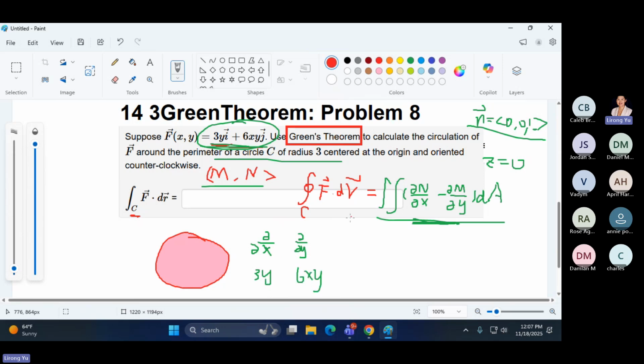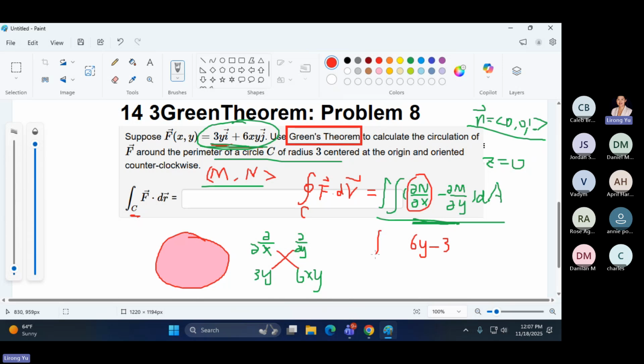The second component differentiated with respect to x gives 6y, and the first component differentiated with respect to y gives minus 3. So 6y minus 3 is what we're integrating.